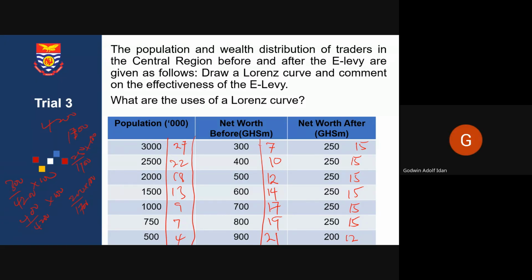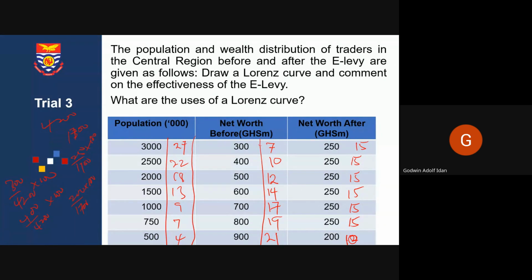So here, let's assume that the 200 is giving us 10, so that when we sum it up, it will be 100.